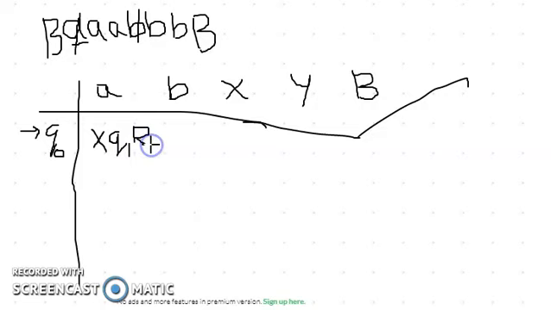Are you understanding what I am saying here? Q0 on A is going to Q1 and this A is converted to X and we are moving the head to the right side in search of B.